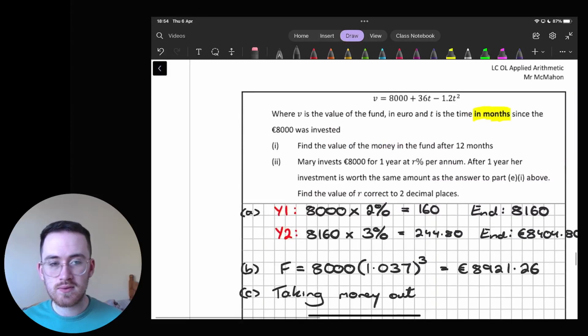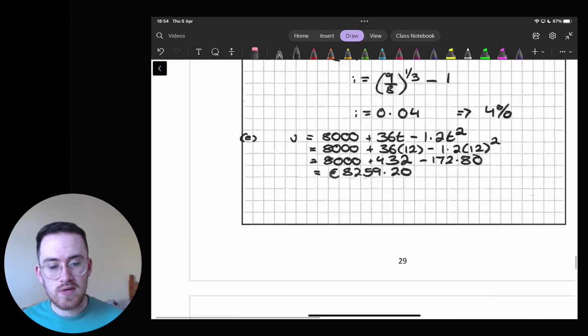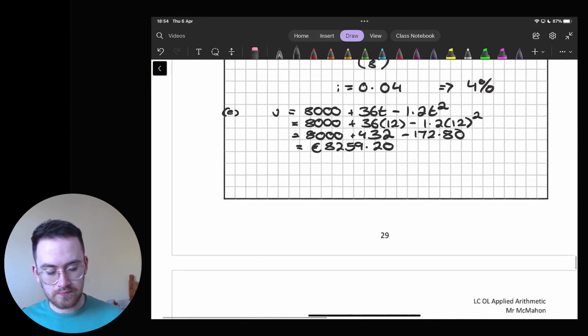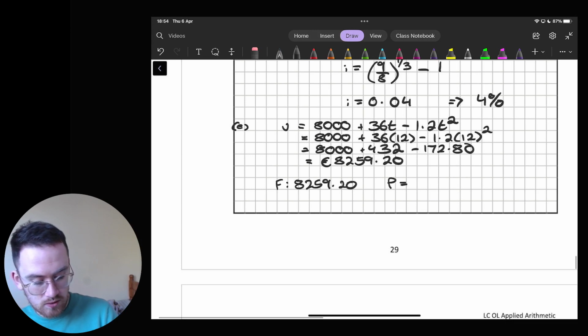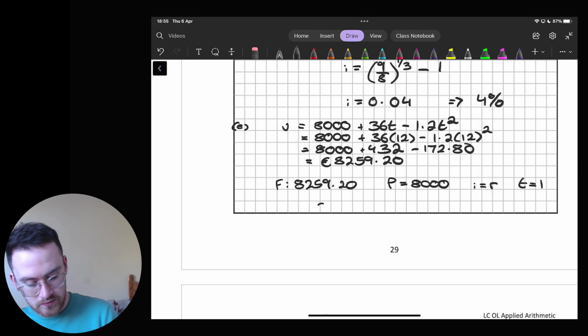So we have a few different ways that we work this out. We could use our formula. Okay, so the future value of her investment was 8,259.20. The present value of her investment is 8,000. Her interest rate is r, and the time is 1 year. So we could sub everything in here.